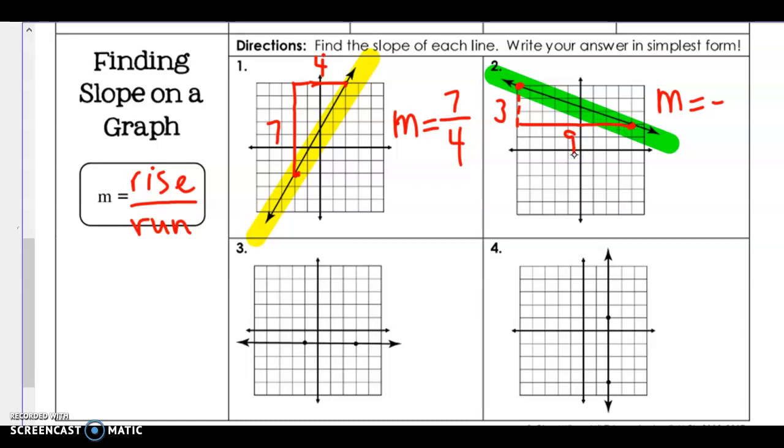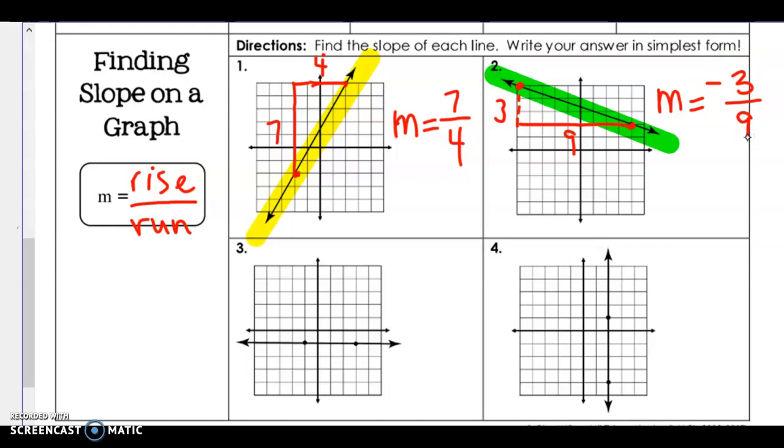So I went down 3 over 9. Sorry, bear with me. This is the first time I've actually written on this. Okay, so it's negative 3 over 9.